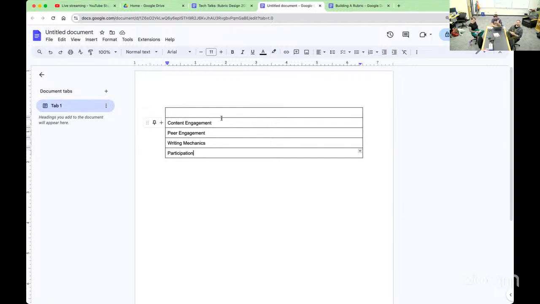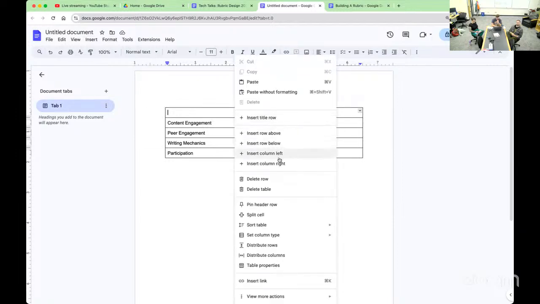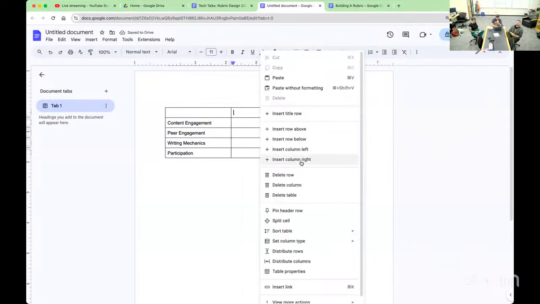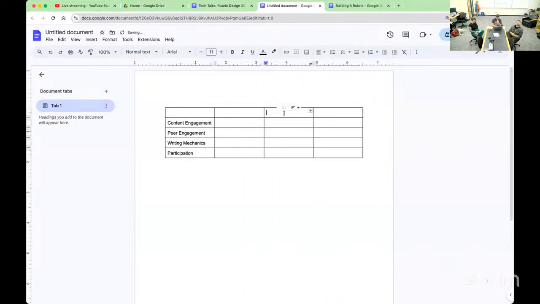So I'm going to make some performance levels here. So to do that, I'm going to add some columns, not rows. And what I think I'm going to do is on this one, I'm going to have 3 performance levels. So I'm going to have a met, a not met, and then I'm also going to have an exceeds expectations level.